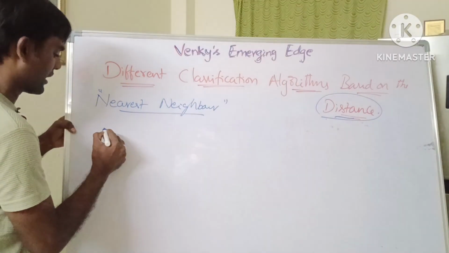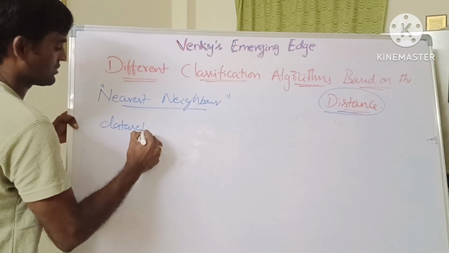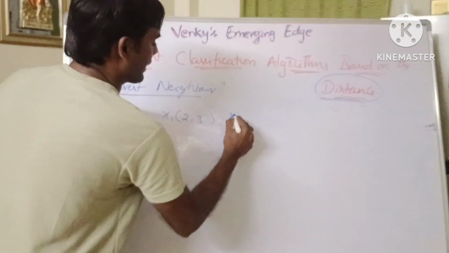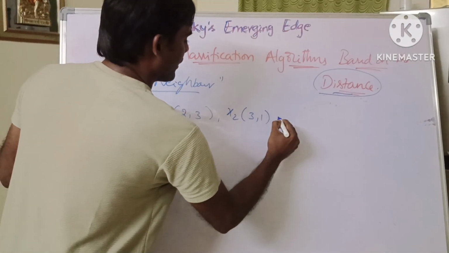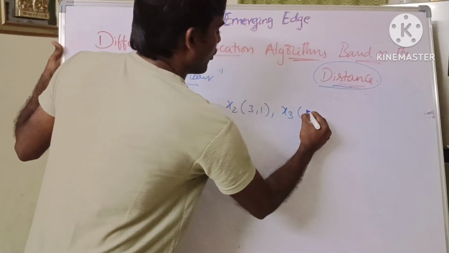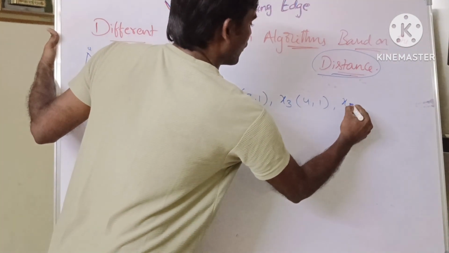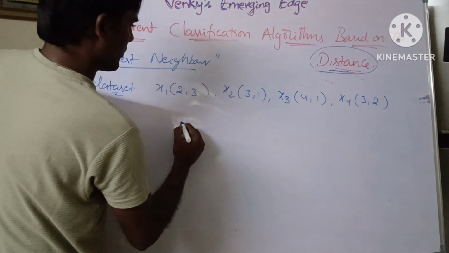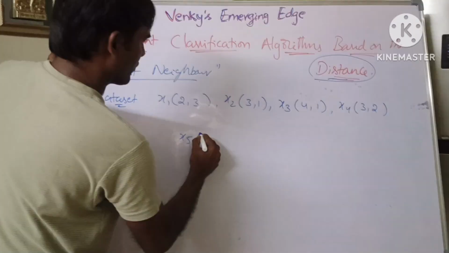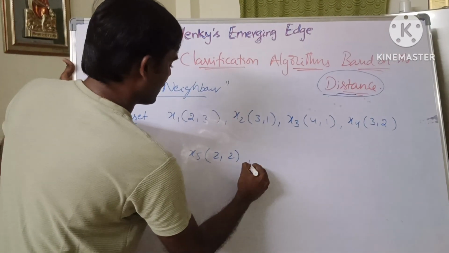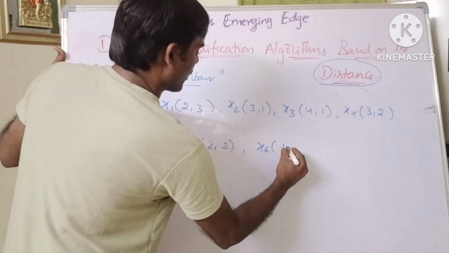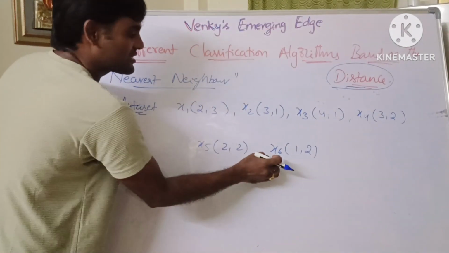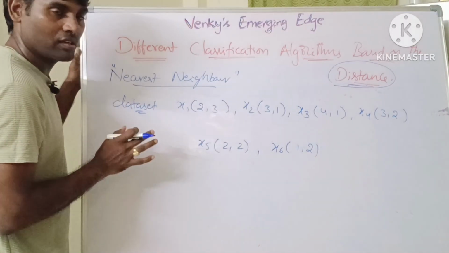So first of all, we take the data set: x1 is 2 comma 3, x2 is 3 comma 1, x3 is 4 comma 1, x4 is 3 comma 2, x5 is 2 comma 2, x6 is 1 comma 2. Is it clear? So these are 6 different samples of the data set.